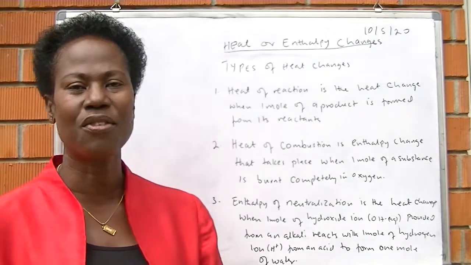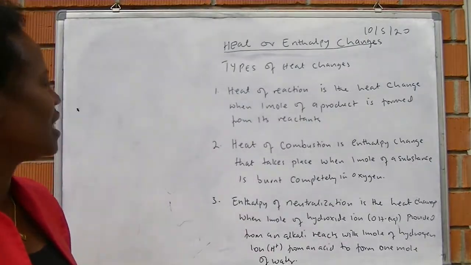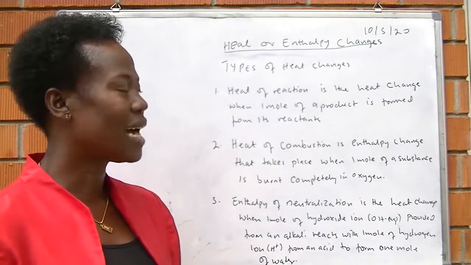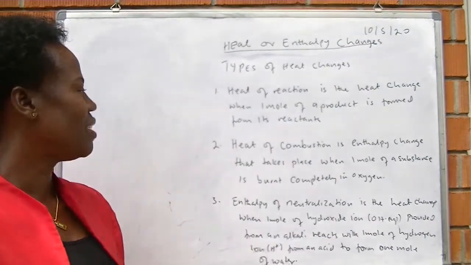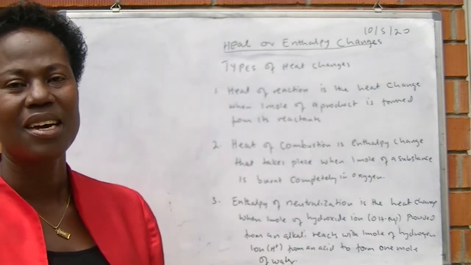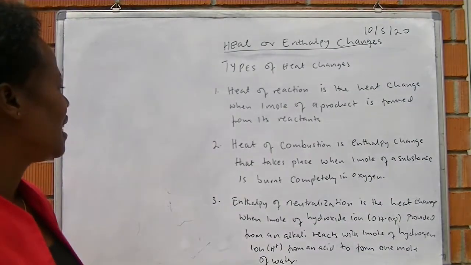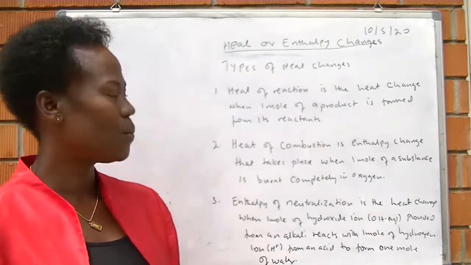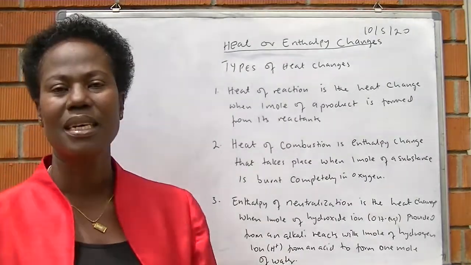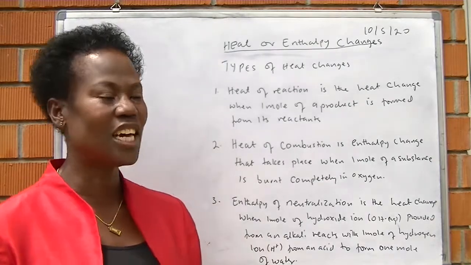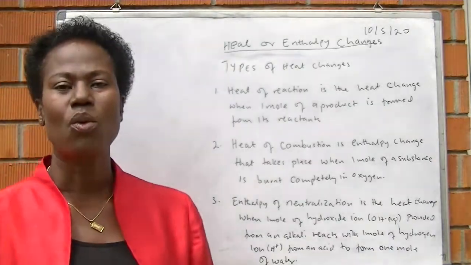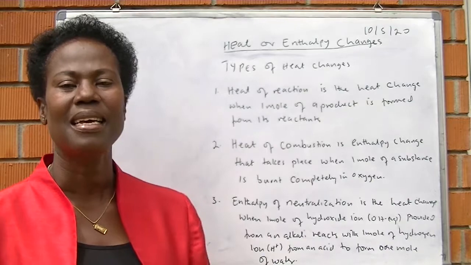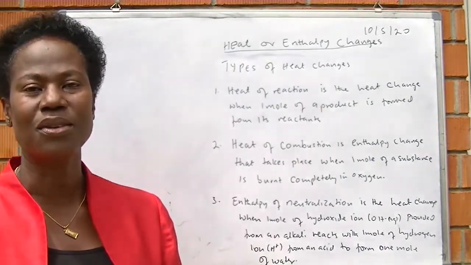What is heat of reaction? It's the heat change when 1 mole of a product is formed from its reactants. And heat of combustion is the heat change which takes place when 1 mole of a substance is completely burnt in oxygen.